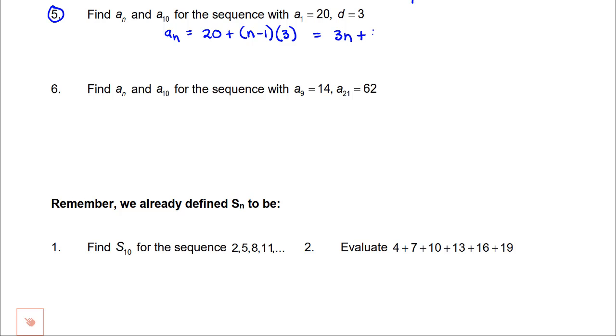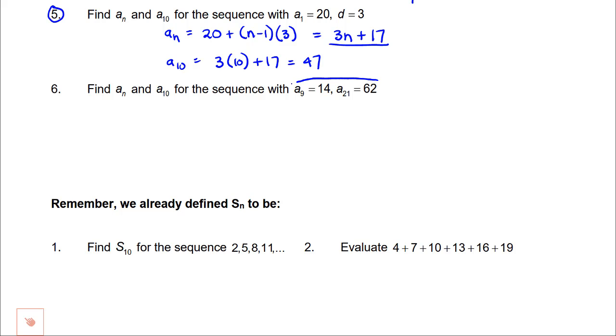Plus 17 once we clean it up. You're right. And then to get A sub 10, I plug in 10 into this formula, which is 3 times 10 plus 17. And what do we get? 47. Okay?